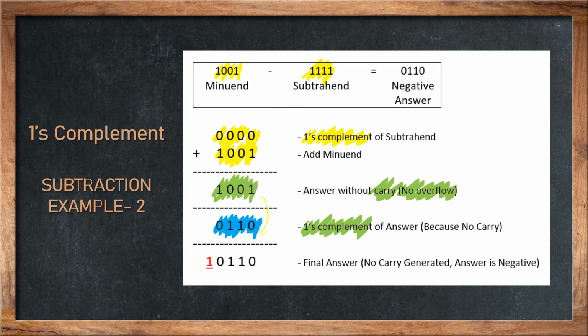Now the last thing: I got this answer, 0110, but as we know, when there is no carry, my answer would be negative. And the sign for negative is 1, and we use a symbol; we can use underscore, hyphen, dot or asterisk, any. So this was about the subtraction rules for no carry generation.